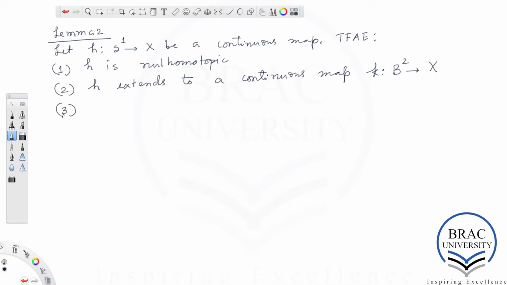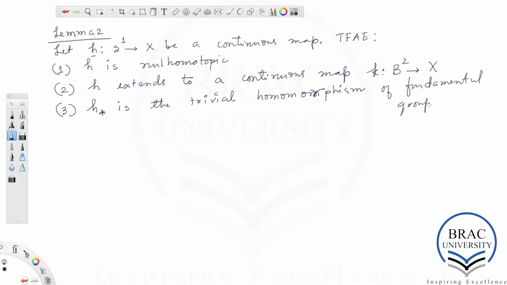And the third statement says that H star, the induced homomorphism of this continuous map H, is the trivial homomorphism of fundamental groups.